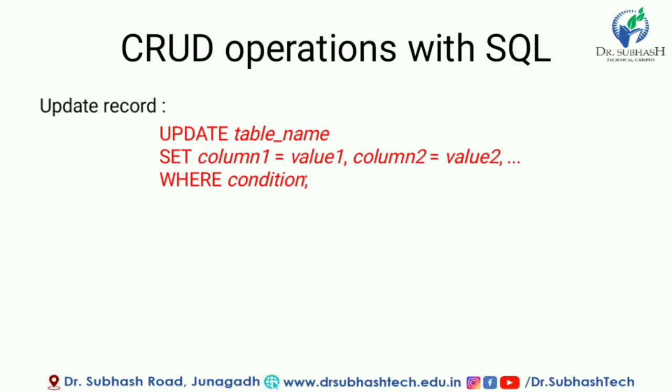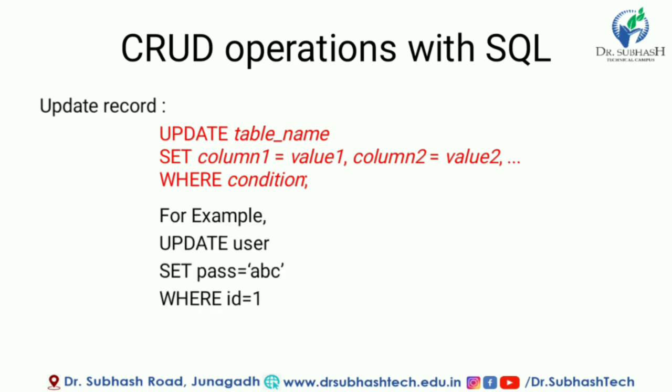For example, it will be more clear for you. Update user means that we will update the user table. Now we will set password equal to ABC. Password is the column name and ABC is the value, where id equal to 1. So what does this mean?